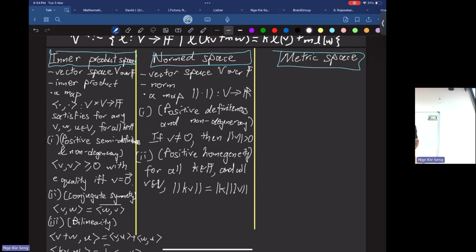And the third property is the triangle inequality. So what does the triangle inequality do here? For all v and w, what's the length of v plus w?